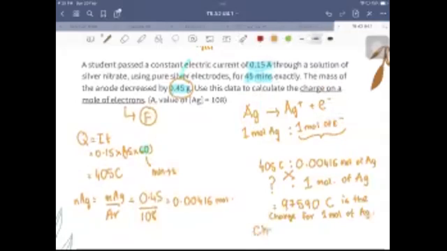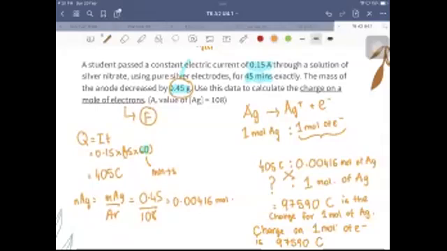So that means the charge on 1 mole of electrons is 97590 coulombs. And that is close to your Faraday's constant, which is 96,500.